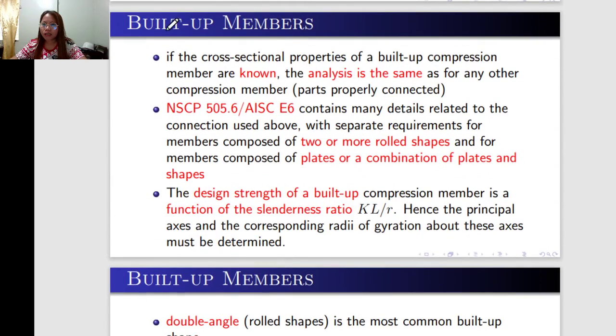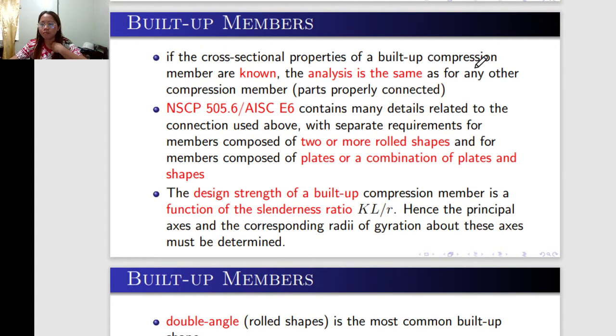So what are these members? Built-up members: if the cross-sectional properties of a built-up compression member are known, the analysis is the same as for any other compression member, with parts properly connected.